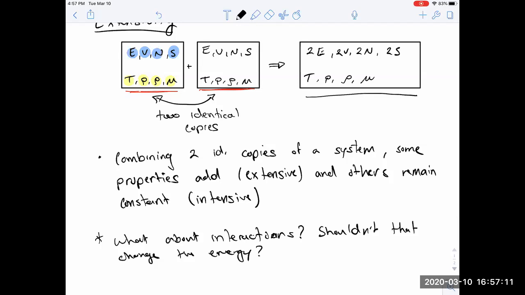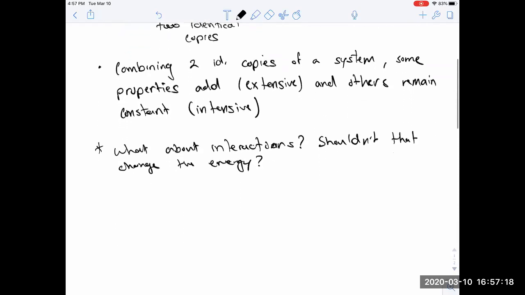If the total energy changes, it wouldn't be additive in this simple way. But the solution is to acknowledge that it does, but only a really small amount, because those interactions are localized to a surface, and the surface is a vanishingly small part of a macroscopic system.